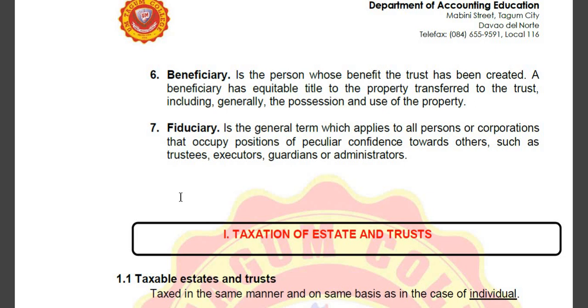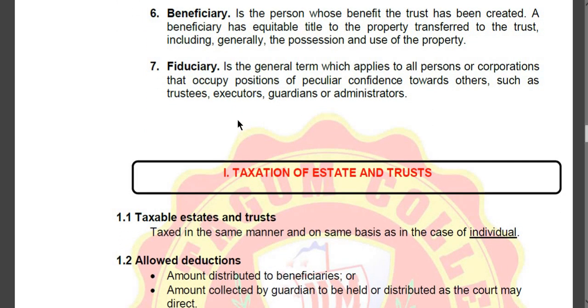Now, a fiduciary is the general term which applies to all persons or corporations that occupy positions of peculiar confidence towards others, such as trustees, executors, guardians, or administrators. So basically, trustees, executors, guardians, or administrators are fiduciaries in an estate or in a trust agreement.